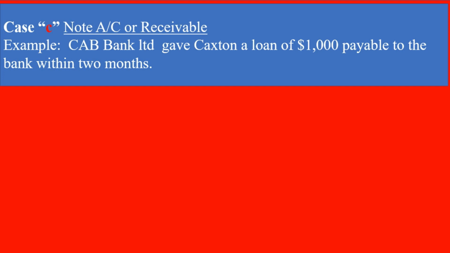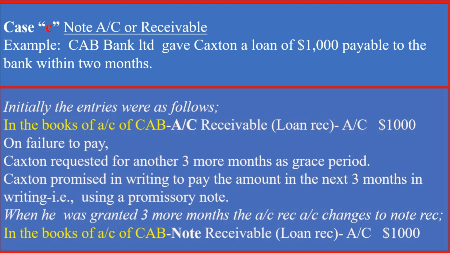Caxton was expected to pay back this amount within 2 months. So if this be the case, initially the entries were as follows. That is, in the books of account of CAB, we will have a loan receivable account of 1,000.